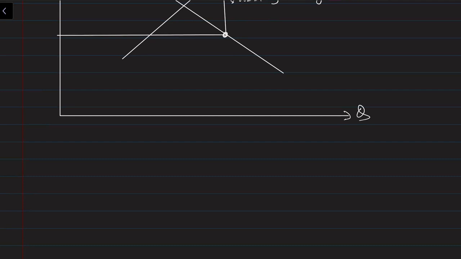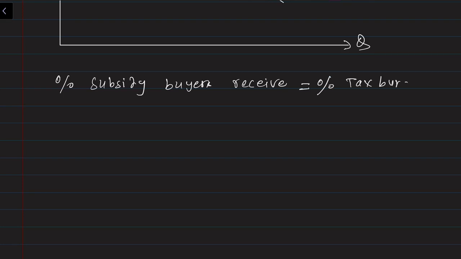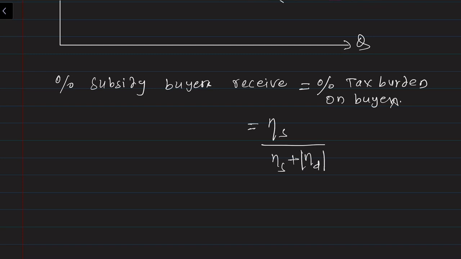The percentage subsidy buyers receive is the same as the percentage tax burden on buyers: elasticity of supply divided by elasticity of supply plus absolute value of elasticity of demand.